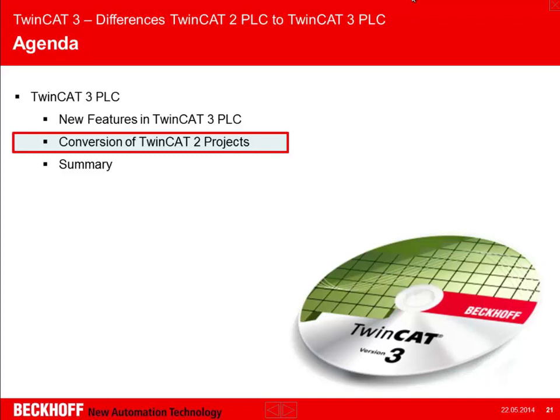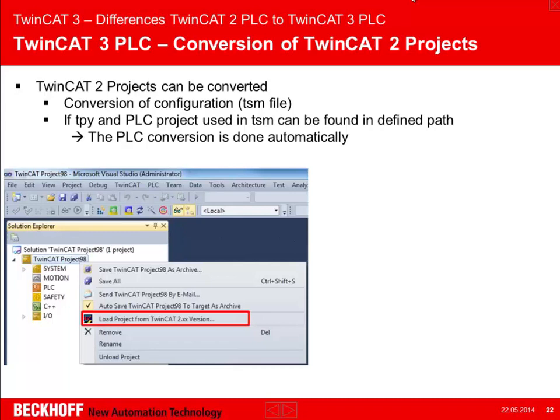Then you start this, and first of all you are asked for the TSM file, where it is located. If a TPY file is integrated in the TSM file, and it is also located in the same path or in the relative path, and the project is also located in the same path, then you can directly convert configuration and PLC in one step.